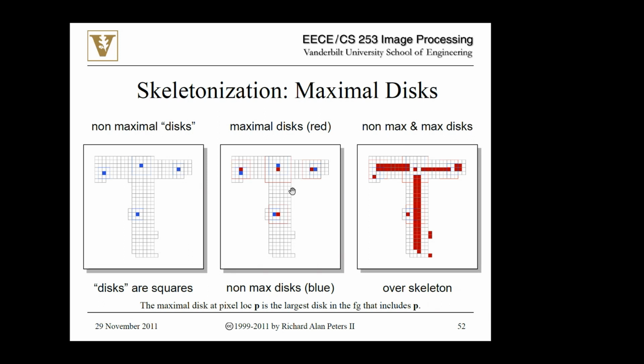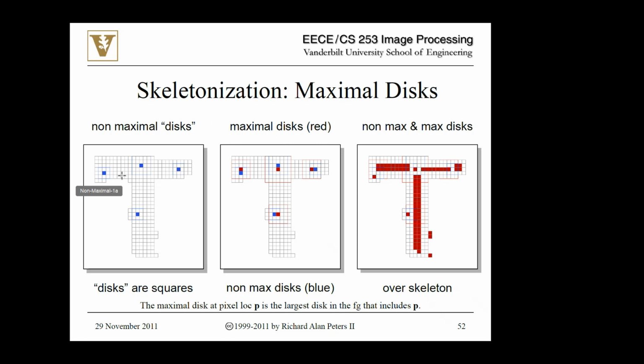So let's see. The red points are maximal disks, and the blue points are non-maximal disks. Let's say that I look at this point. This point is of radius 1. So we have drawn a disk of radius 1.